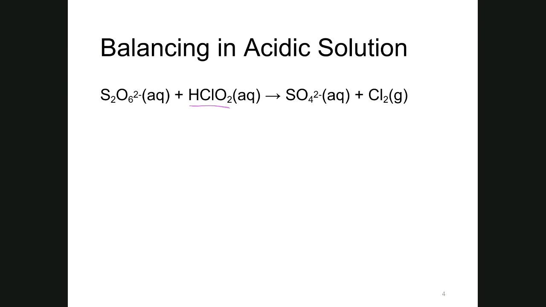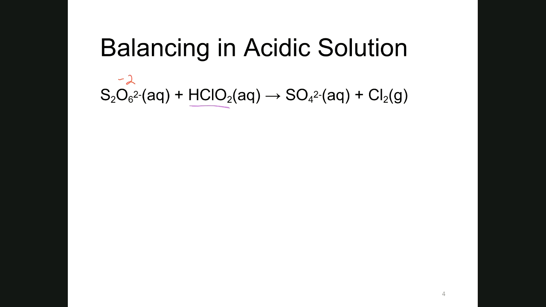So the first thing I'm going to do is look at this polyatomic ion. That's a little different from ones that we had to memorize, where we have 2 sulfurs and 6 oxygens, and it has an overall charge of 2 negative. So we need to figure out our oxidation numbers. I'm going to make all of my oxidation numbers in red just to help us keep track. So we said that oxygen, when it's not by itself, and it's not by itself here, it's always going to be -2.